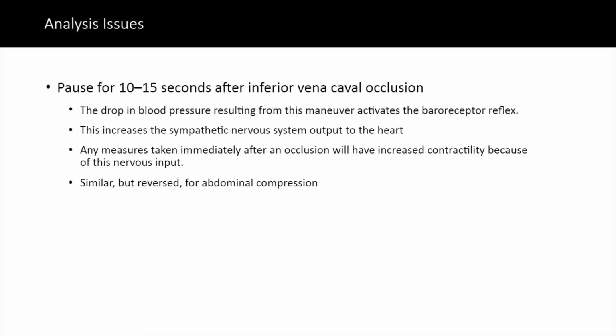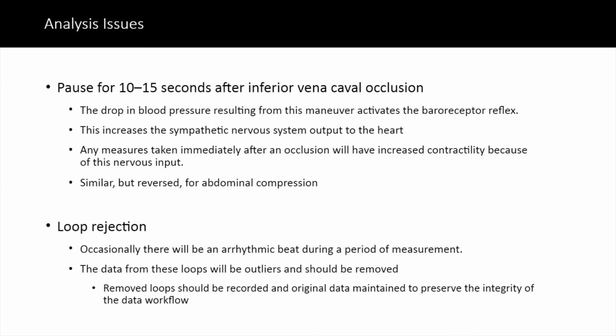Similarly with the abdominal compression, if you've got a lot of sympathetic tone, when you do the compression you're going to send this pulse of high pressure up into the baroreceptors, and they're going to withdraw sympathetic tone for a little bit. So anytime you modulate preload, make sure you wait a little while for it to stabilize before you do any steady state measurements. In fact, I always do my steady state measurements before I do my IVCs for this very reason.